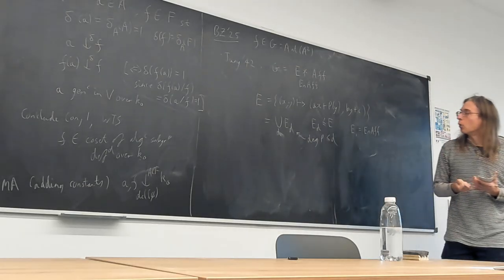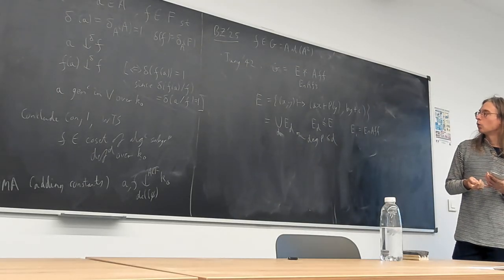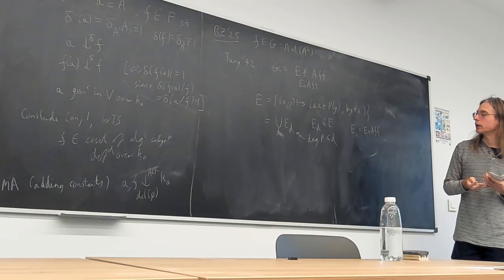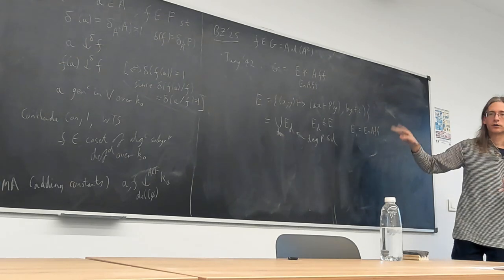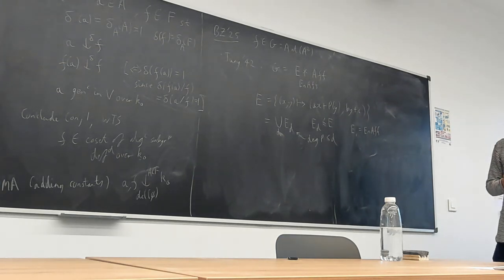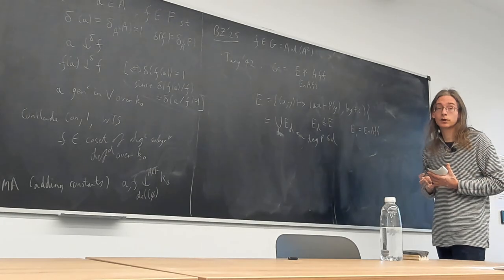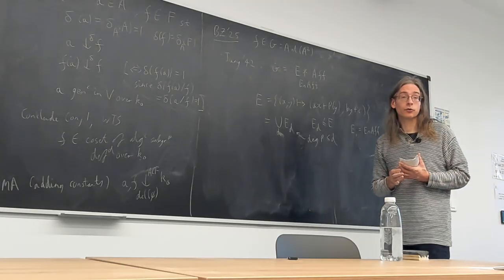Now the next technique I want to talk about, which has been really behind most of the results I discussed earlier, is seeing how to apply the incidence bounds that you get in characteristic zero fields.